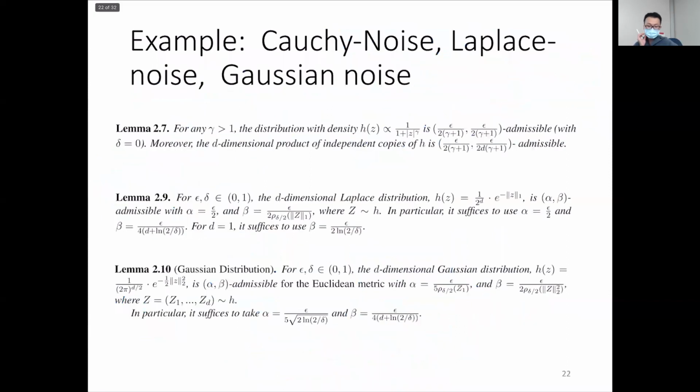All right, so to give you some idea of what the admissible distributions are: Cauchy distribution, Laplace distribution, and Gaussian distribution. The familiar Laplace and Gaussian noise are both admissible, with some choice of alpha and beta parameters. One is better than the other, and they both give epsilon delta DP.